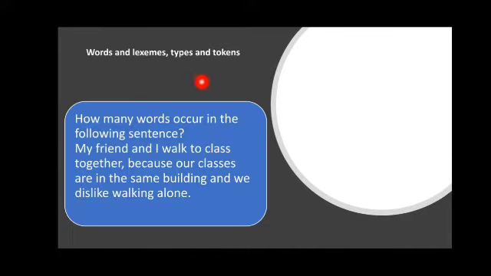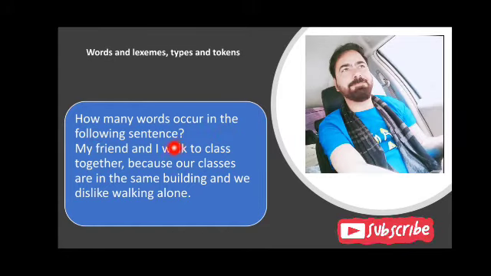Now we will discuss words and lexeme types and tokens. How many words occur in the following sentence? My friend and I walk to class together because our classes are in the same building and we dislike walking alone. Just count how many words there are.